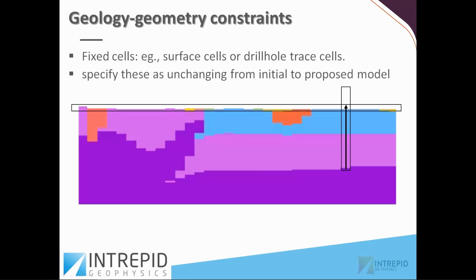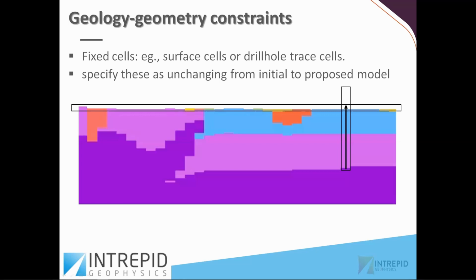So for each formation that is converted into discrete cells, each cell contains the lithology information, which lithology it refers to, and the density or susceptibility values, which are the rock property values.